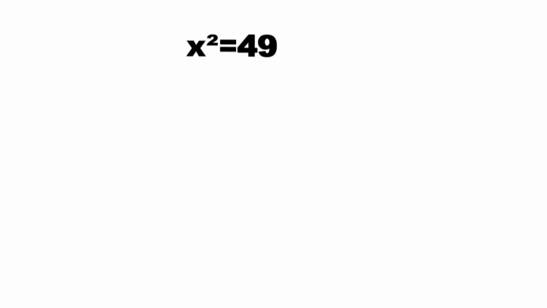In the second method, let's stay with the original equation, x squared equals 49. Notice here that x squared is a perfect square and 49 is a perfect square. So we can directly extract the square root of both sides of the equation.